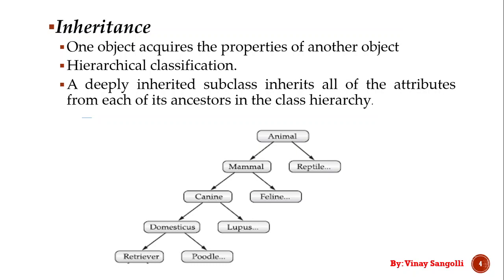Hierarchical is nothing but a top to down approach, or it could be a bottom to up approach as well, no problem. A simple example: in any industry, the first person is the manager, then comes the team lead, then comes your employee, and so on, right? So this is the hierarchical classification.